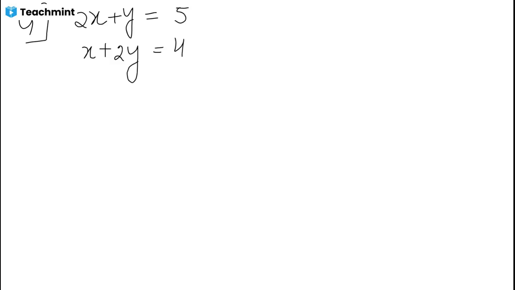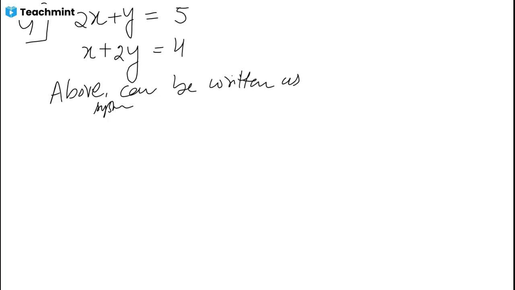So the above system can be written in the form AX is equal to B, where we'll take A as the coefficients of x and y. So here the coefficient of x is 2.